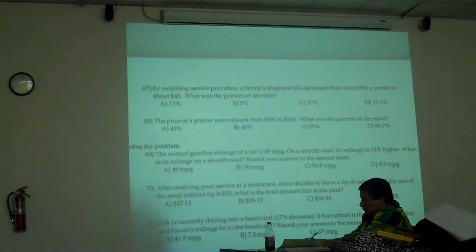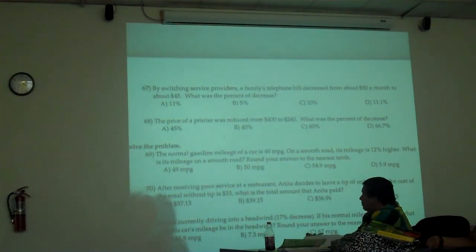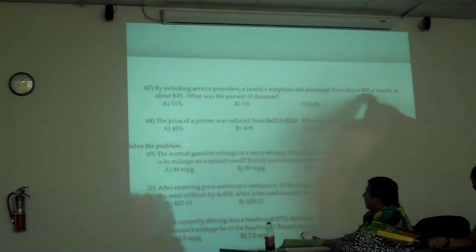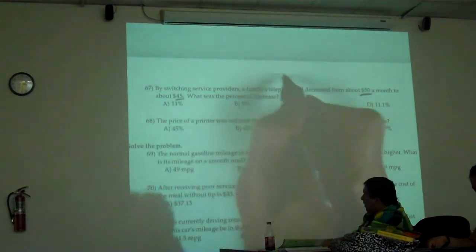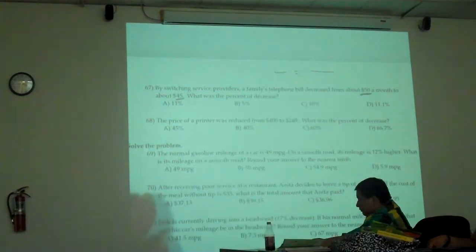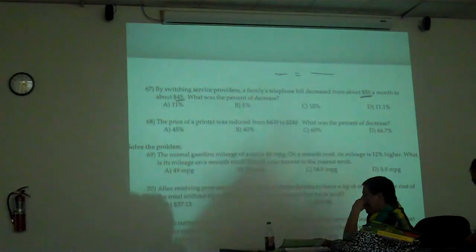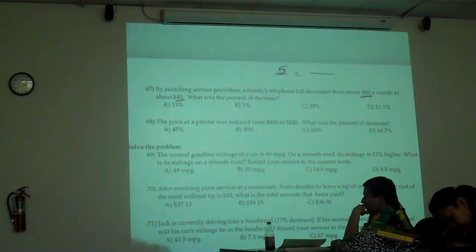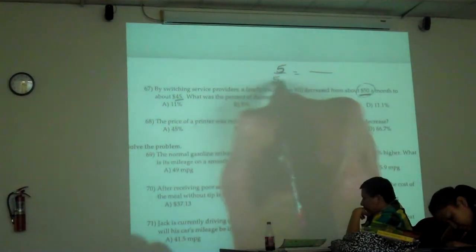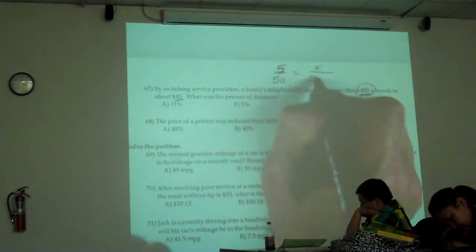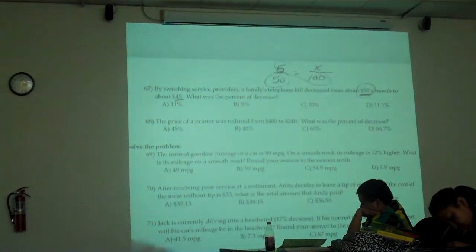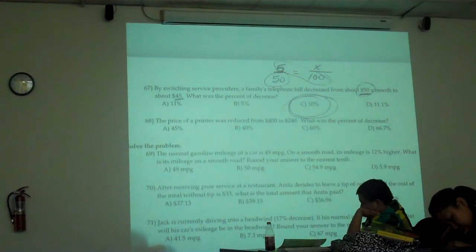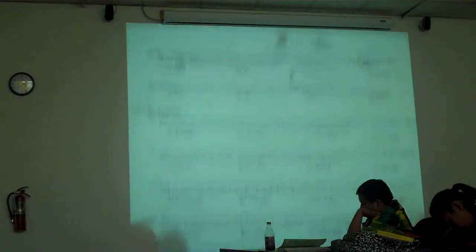$67. By switching providers, they decreased their bill from 50 to 45. What did it change by? $5. What was their first? The first amount was 50. Percent over 100. 500 divided by 50, 10%. They decreased it by 10%.